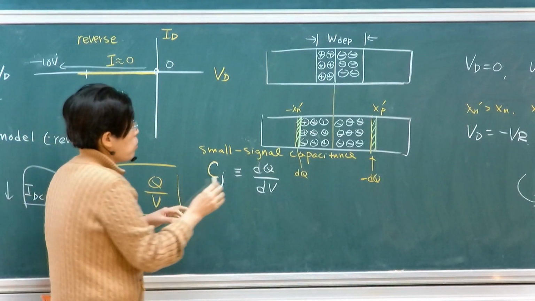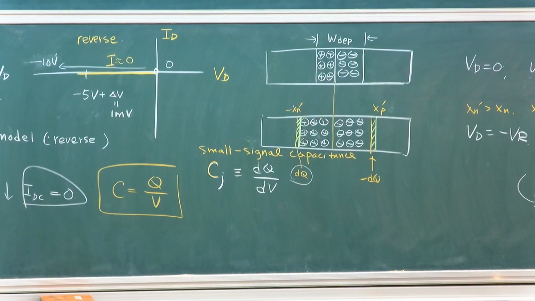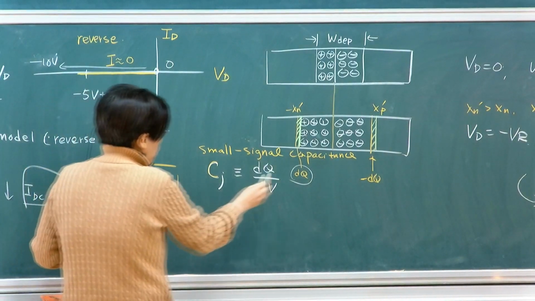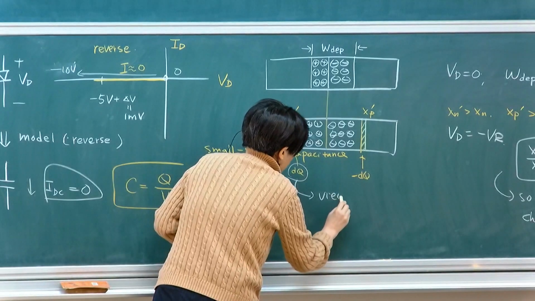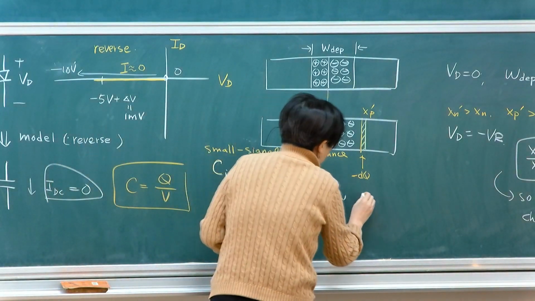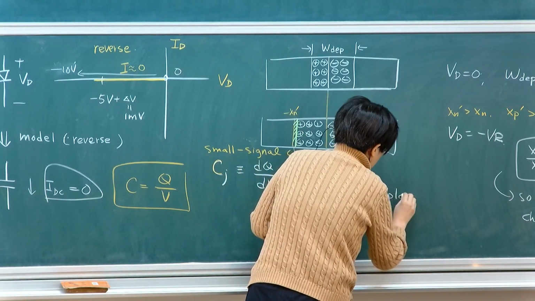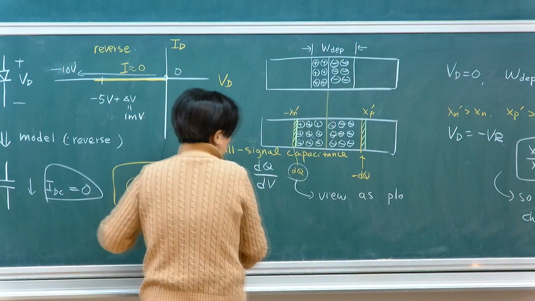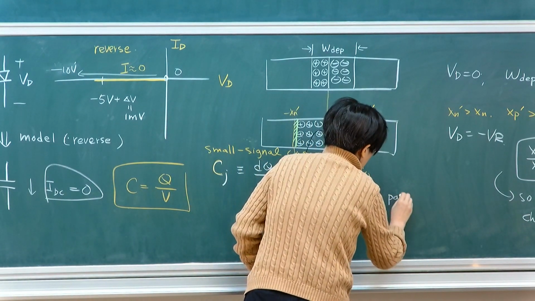But the changes in charge will only correspond to the edge of the already set up point. Okay? So what does it mean? These small signal capacitances can be viewed as, I misspelled it, parallel plate capacitance.